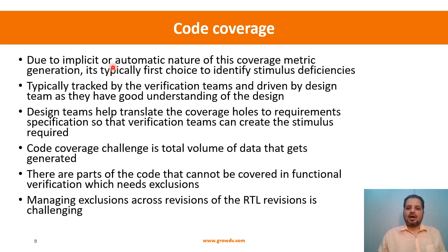One of the big challenges with the code coverage is the total volume of data that gets generated. It's very huge, especially for complex designs. There are parts of the code that cannot be covered as part of functional verification. For example, there could be a few DFT related hooks present within the design, which may not be possible to cover using functional verification, so those need to be excluded.